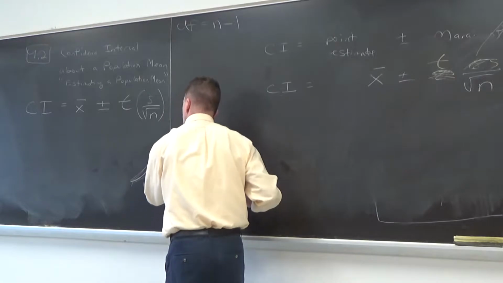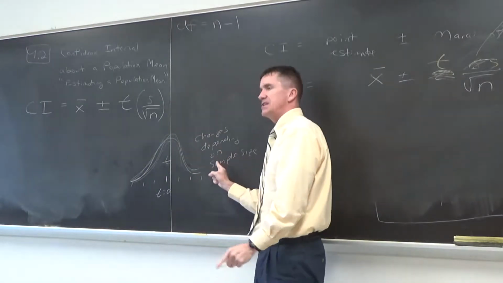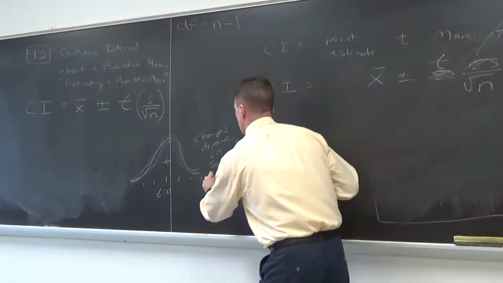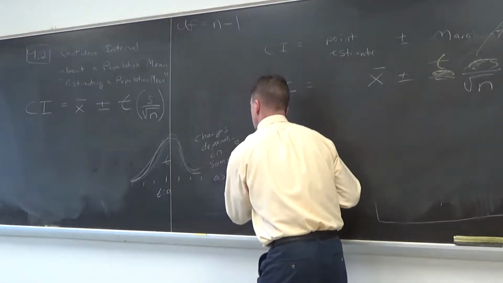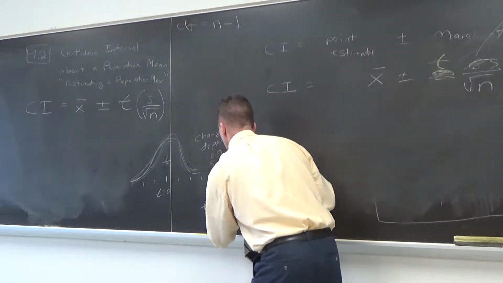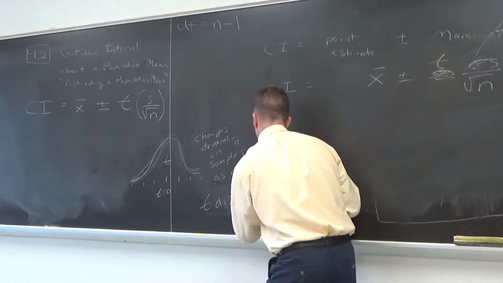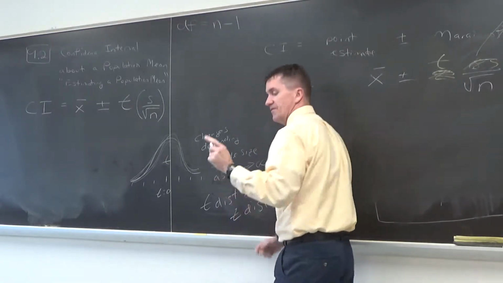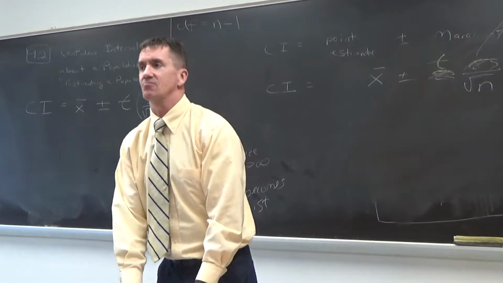So I'm going to draw a few bells here. And this is my favorite part. As n approaches infinity, the T distribution turns into the Z distribution. Isn't that cool? So look at the very last row of this sheet.